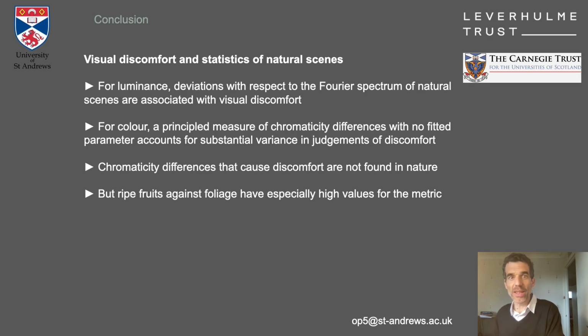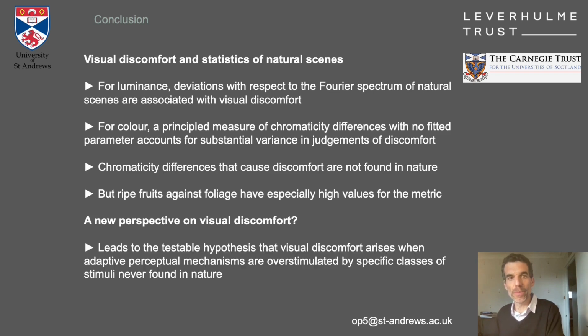Chromaticity differences that cause discomfort are not found in nature, but ripe fruits against foliage have especially high values for the metric. So that proposes a new perspective on visual discomfort, which leads to the testable hypothesis that visual discomfort arises when adaptive mechanisms are overstimulated by specific classes of stimuli never found in nature.